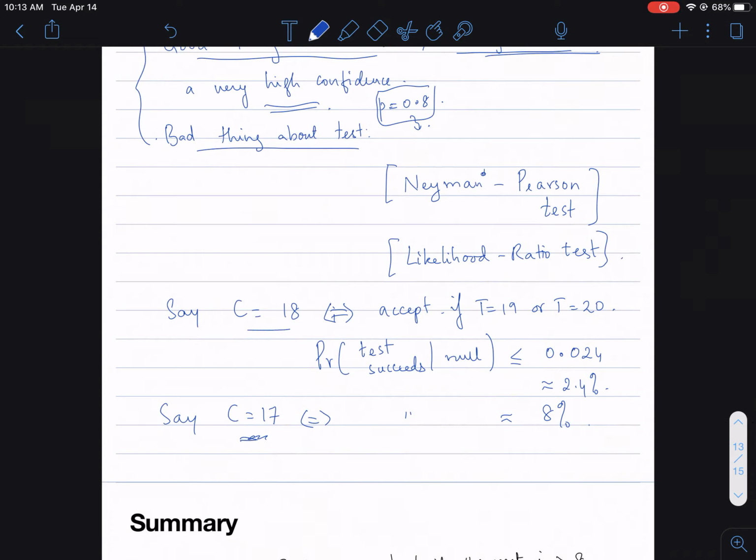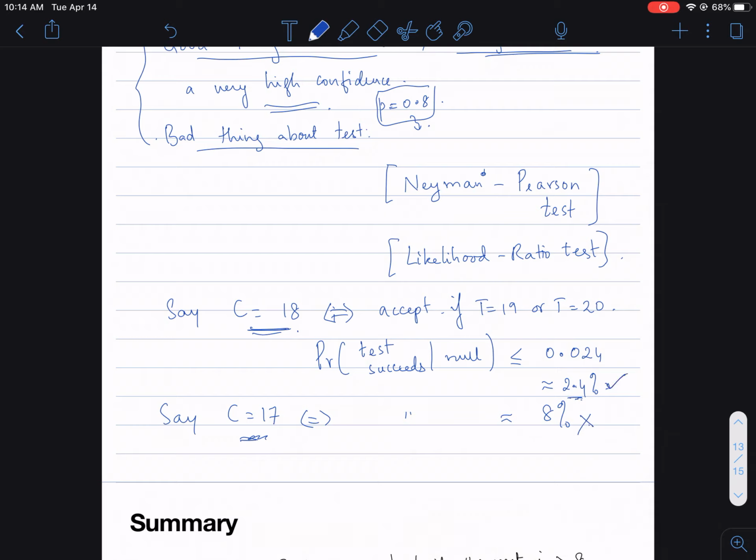While if you're stuck with c equals 18, the probability is only about 2.4%. And like I was saying, 0.05, or 5%, is often the accepted threshold in many applications. So this is not a good value, while this is actually a decent value.